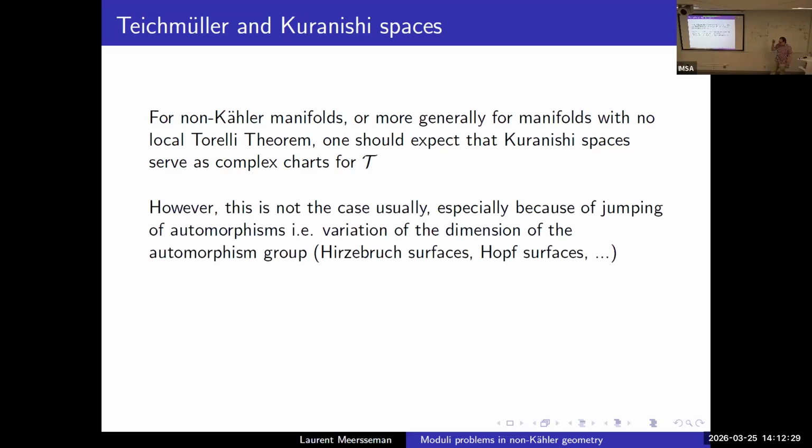Of course, it's well known for a long time that this type of work has limits in this degree of generality, especially because you have this phenomenon of jumping of automorphisms. This is when you have a family of complex manifolds, the dimension of the automorphism group of the fibers may vary. Now, perhaps the most dramatic case is the case of F2, the second Hirzebruch surface.